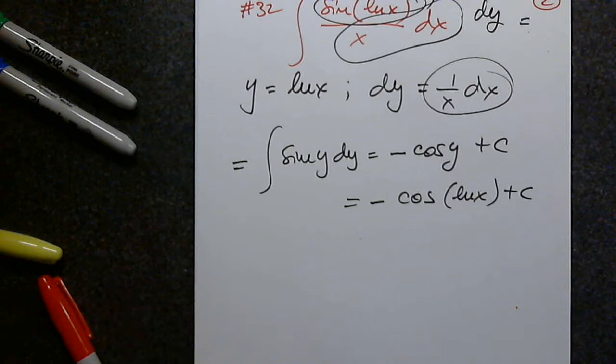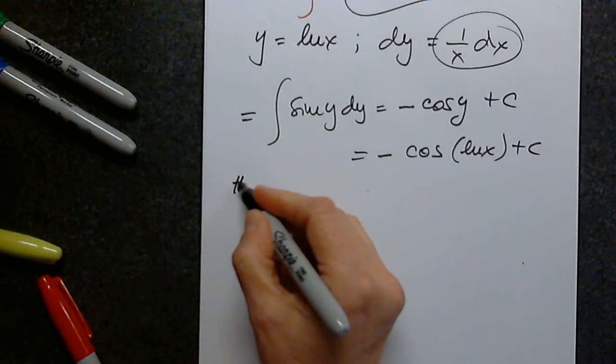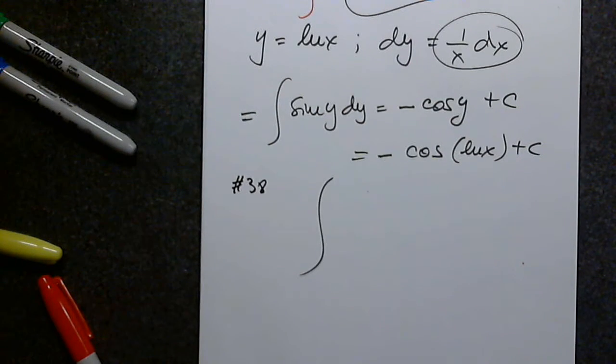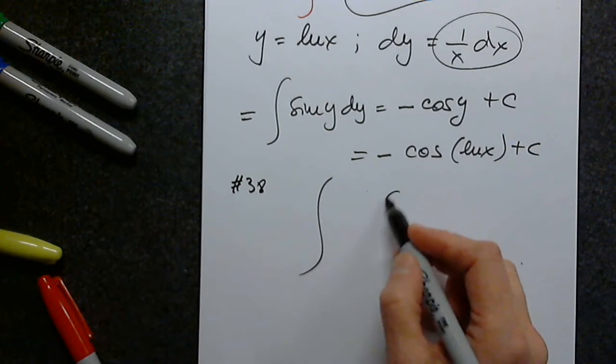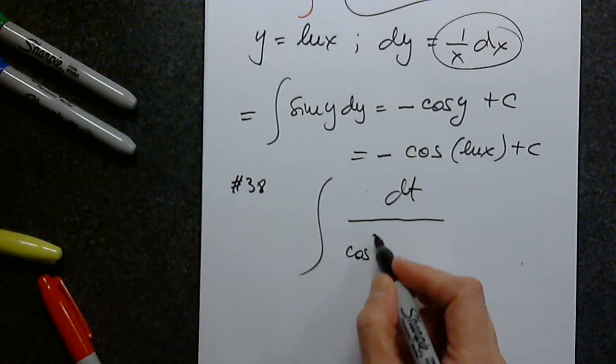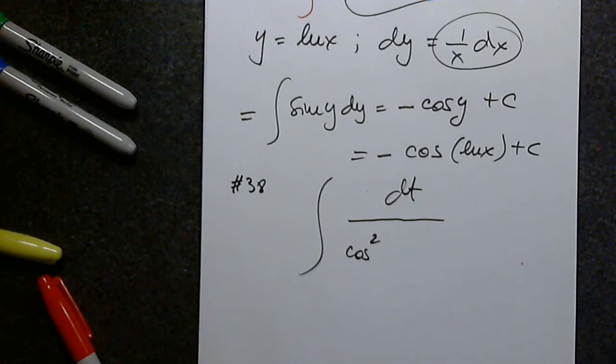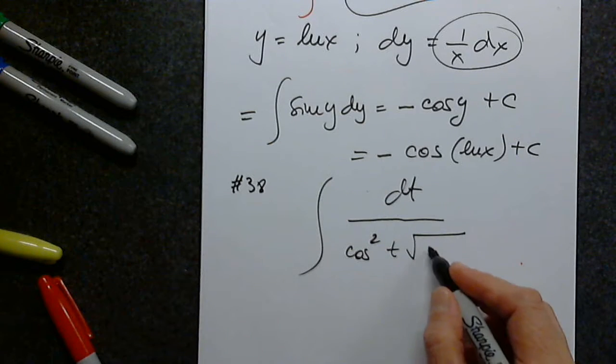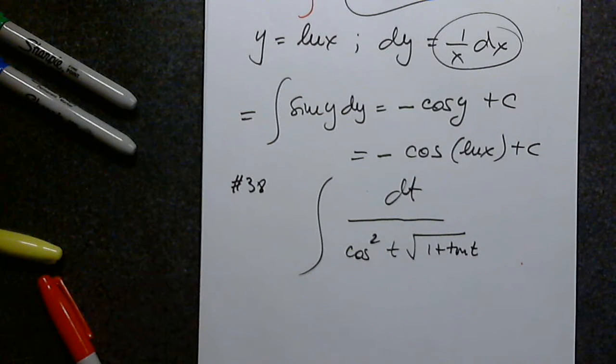Okay, are we choosing or am I? Which one? 38. I see it. Very good. So in 38, we have the integral of dt divided by cosine squared of t times the square root of 1 plus tangent t.